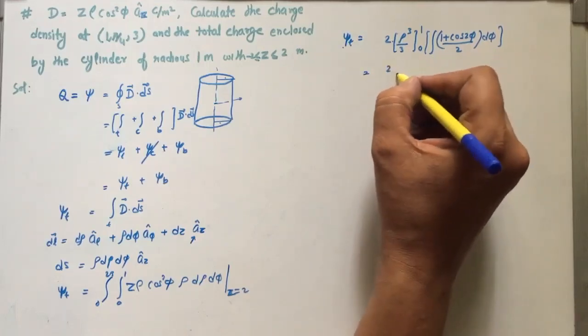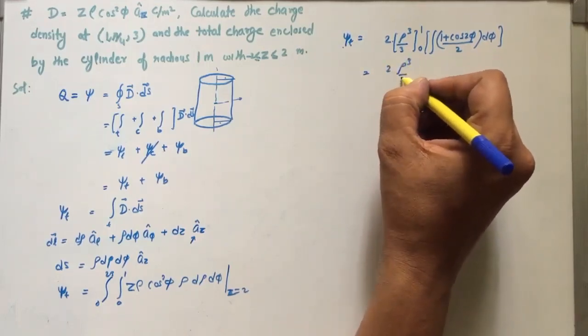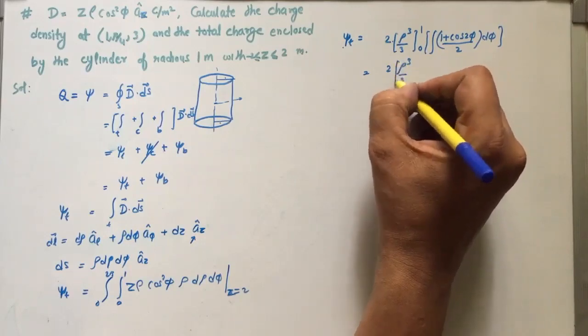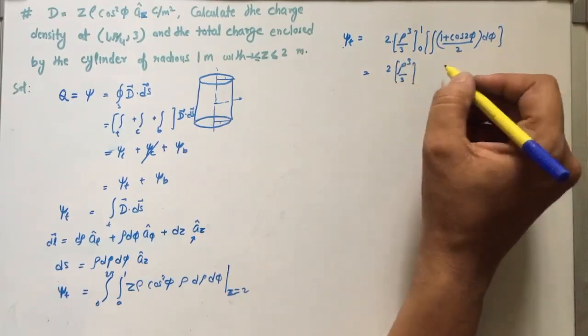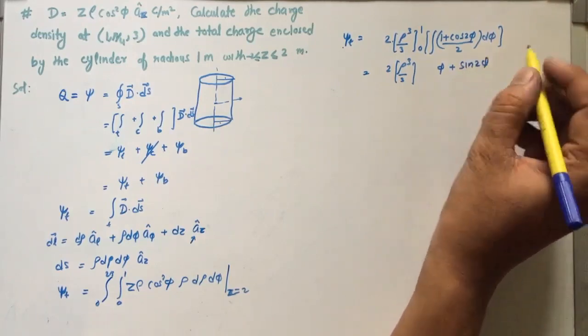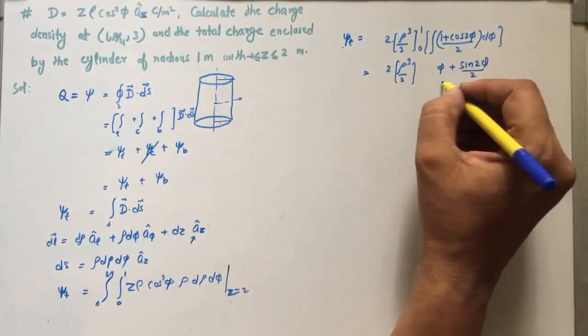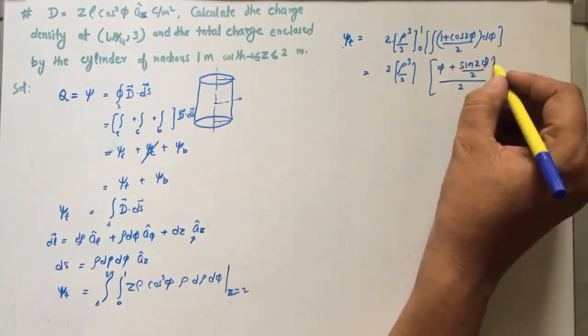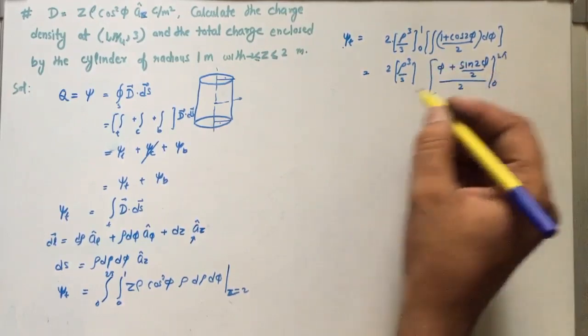So let us continue. Rho cube by 3, and from here it can be phi plus sin 2 phi divided by 2, divided by 2, from 0 to 2 pi.